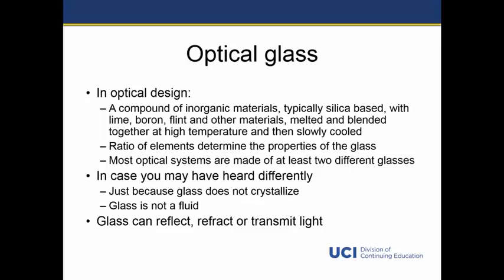It is the ratio and the combination of these different elements that determine how the glass behaves in an optical system. Typically, when you're designing an optical system, you're going to have multiple elements, and those multiple elements will be made of at least two different glasses, optical materials, if not more.